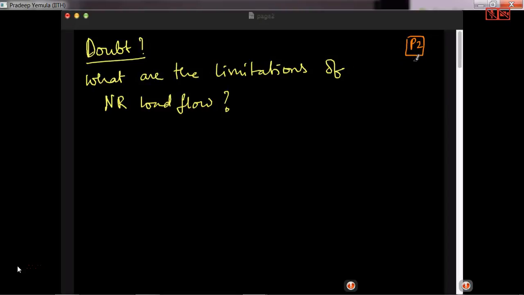So after studying this method, after trying this, what do you feel are the limitations of this method in terms of finding the solution? Can anybody answer? Please use the chat window if you can answer this. I'll give you 2 minutes time.